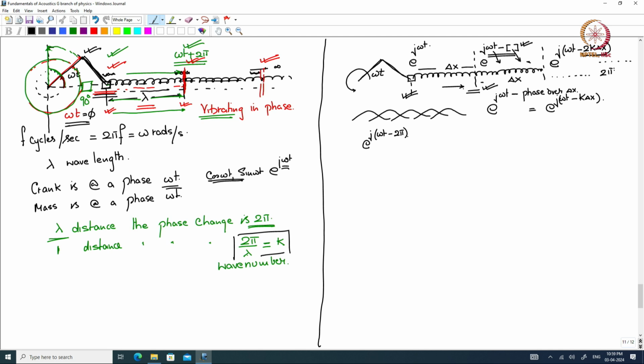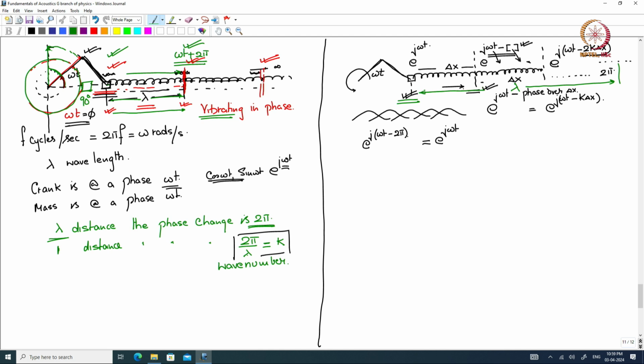It is going to be the same. So, that point is vibrating in phase with the first mass, and therefore, that is the wavelength. If I find a point over here, that is the wavelength, 2 points that are vibrating in phase.